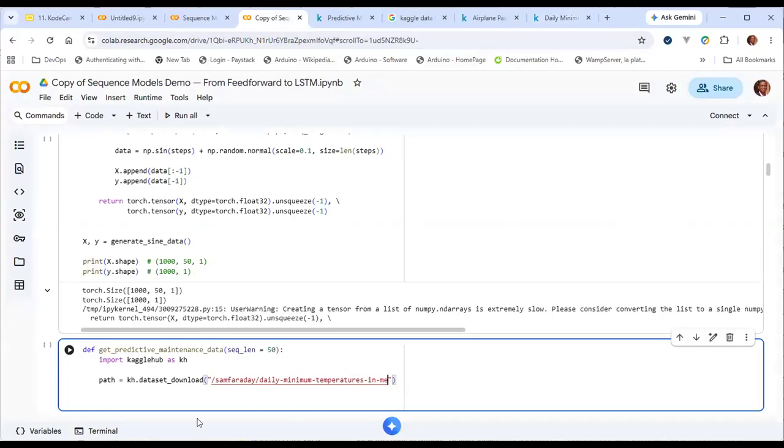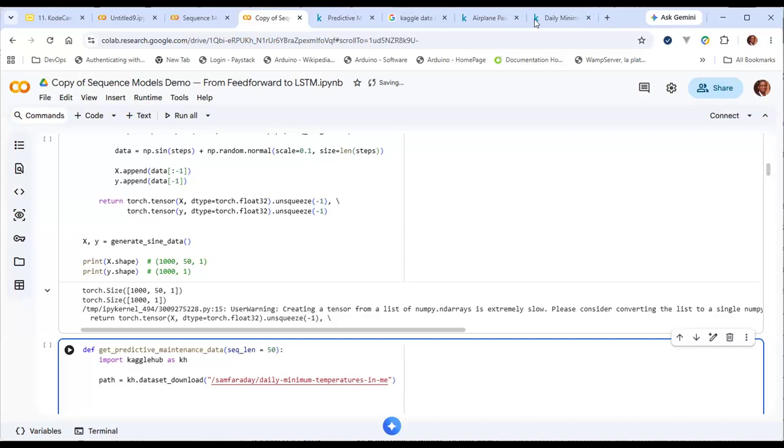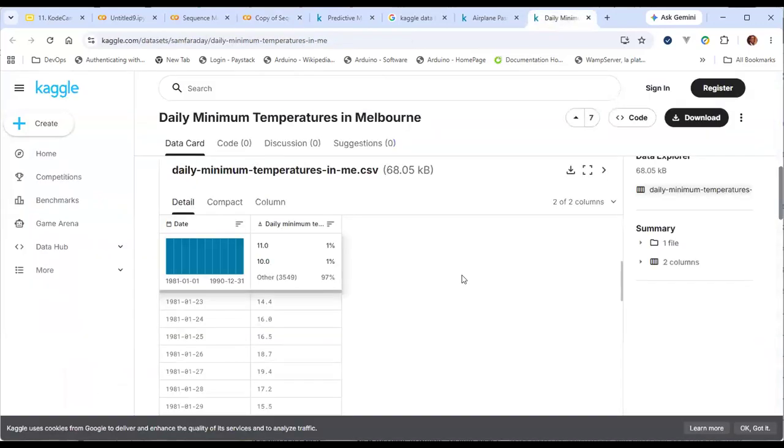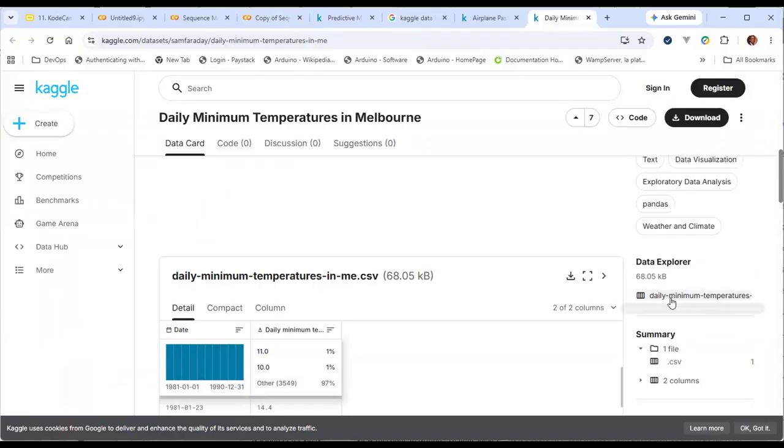To get the path, if you look at that data, there is just a single file called daily minimum temperatures in Melbourne, so we can just use that. I don't need to start exploring to find out, but we can also do that.